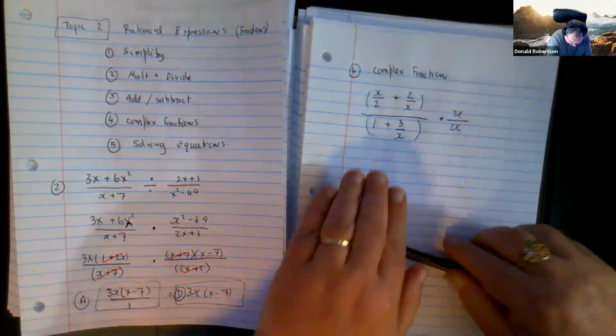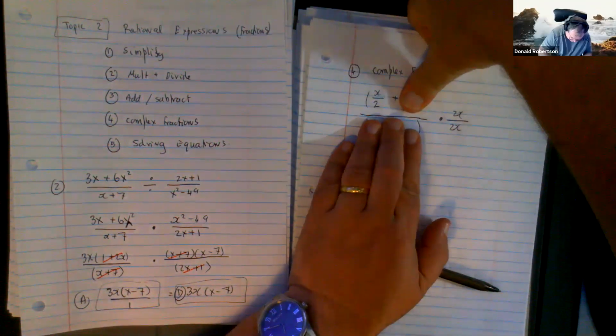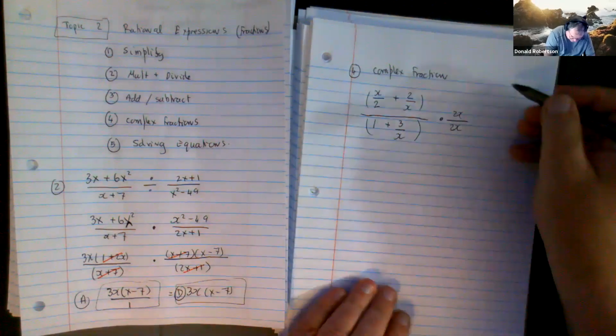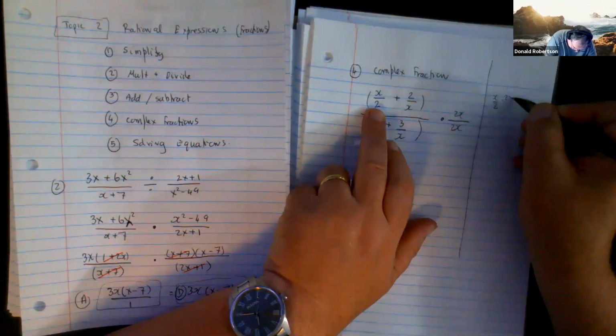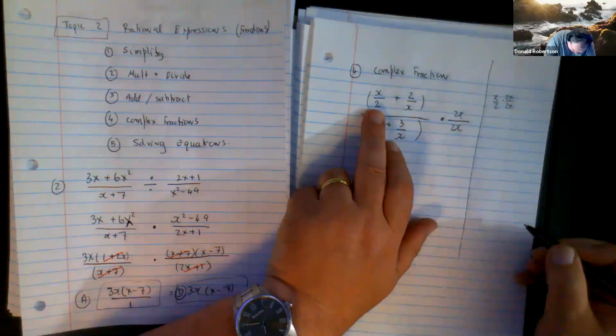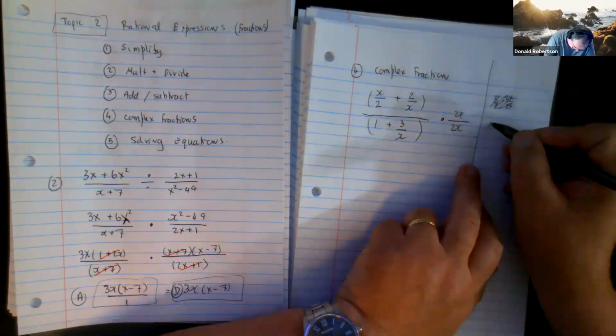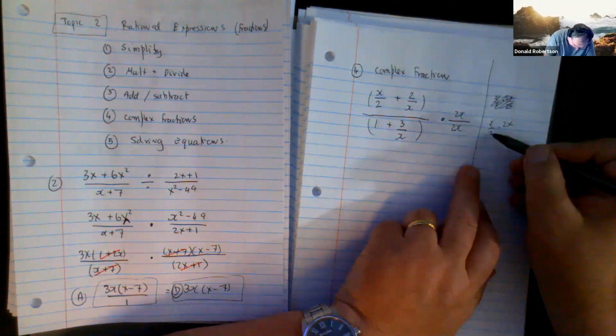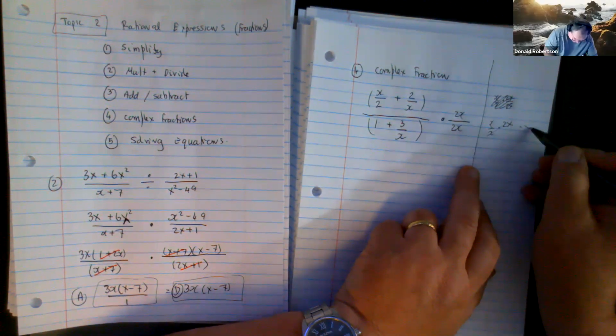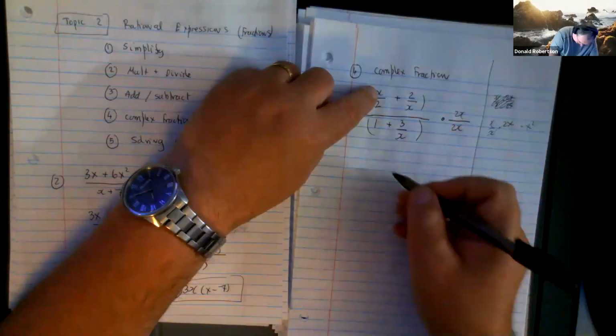So if you took, well, yes, I should do them down to the side. If you took this guy and you multiply him, right? Whoops. Try again. If you take this guy and you multiply him by 2x, don't you basically just cancel out the 2's and get x squared? So this guy gets me x squared.